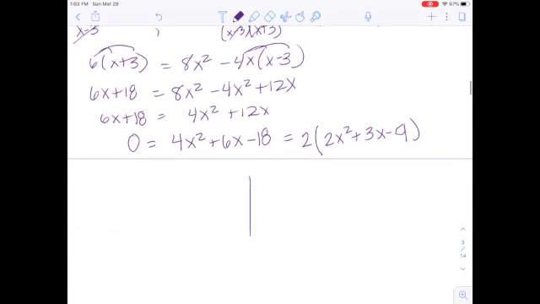And we can drop it into our tic-tac-toe grid to factor. So 2 and a negative 9 is negative 18. Positive 3 goes in the box. Now you think, what are the factors of negative 18 that add up to be 3? And you can do 6 and 3.